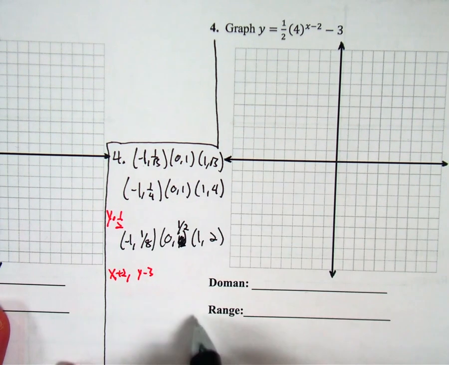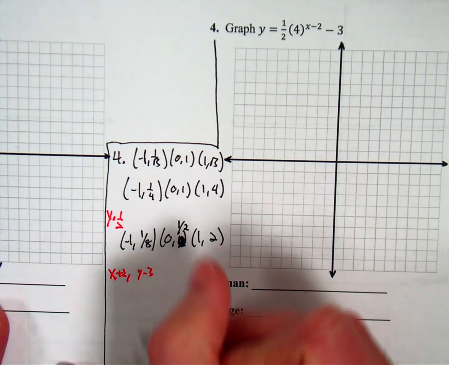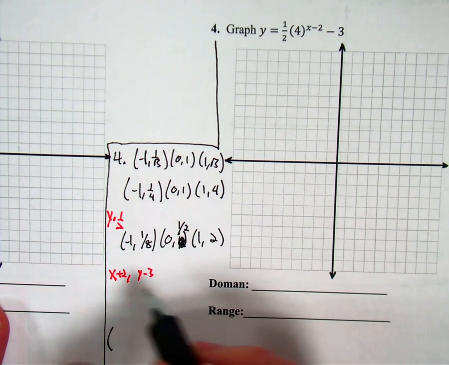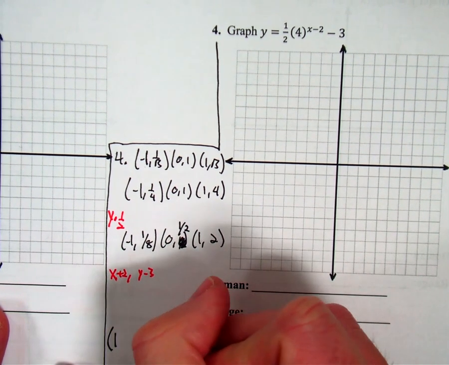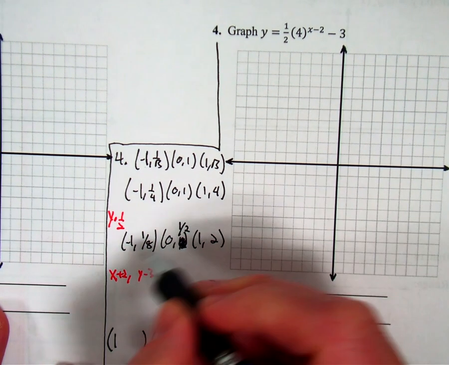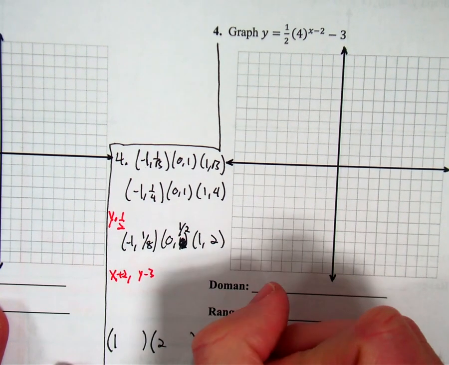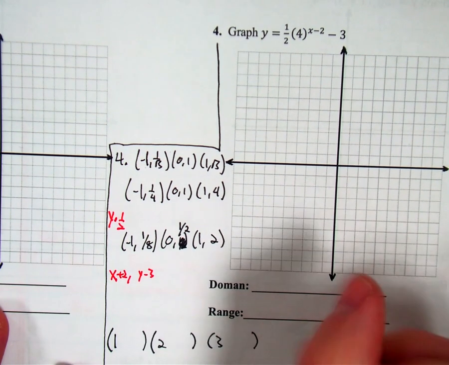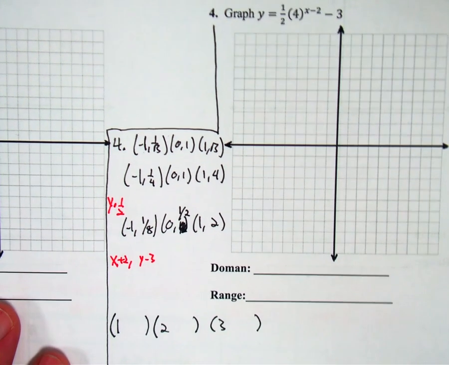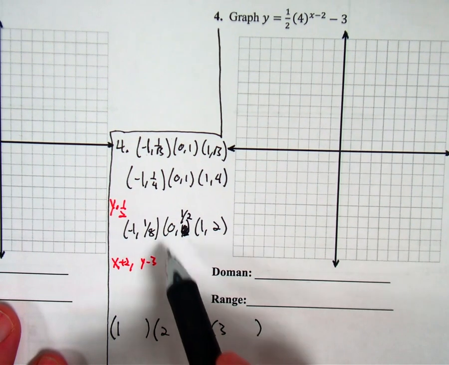This is going to be a little bit tight for me with my big handwriting, so I'm going to slide down. So -1 plus 2 should be +1. I'll come back and get that. 0 plus 2. 1 plus 2 is going to be 3.